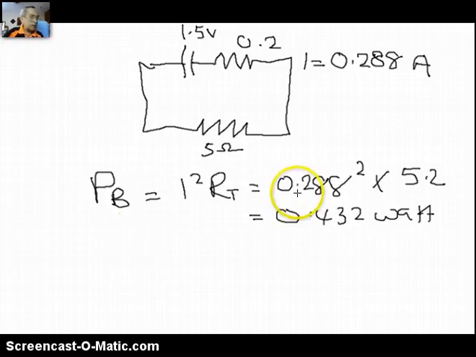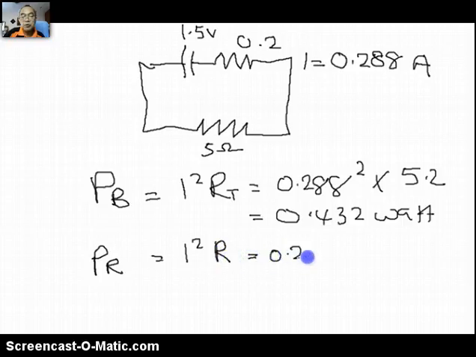And then the next question is, what is the power consumed by this resistance? The power by the resistance is equal to I squared R, equal to 0.288 squared times 5.